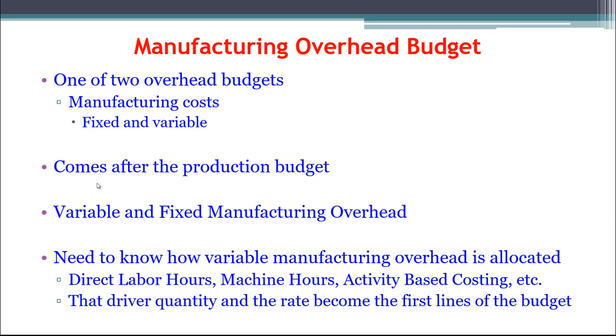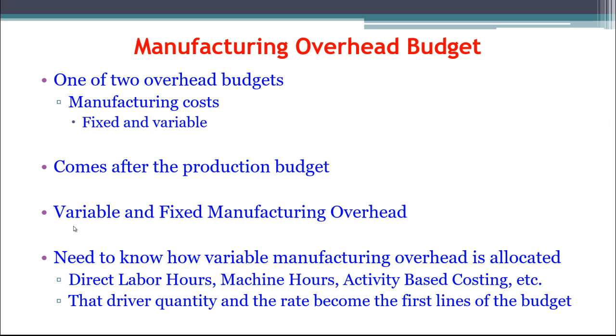Now again, this has to occur after the production budget, and I would also go so far as to say, depending on how we allocate variable overhead, we may have to wait until the direct labor budget is completed as well, because as we'll see in this example, we're going to use direct labor hours to allocate overhead, so we need the direct labor hours from that budget.